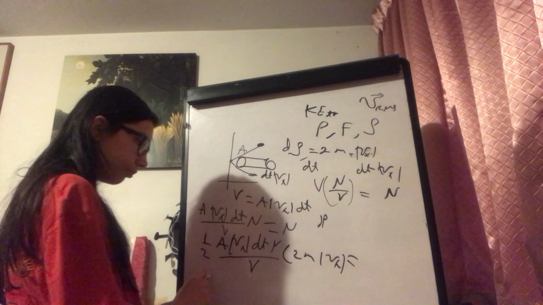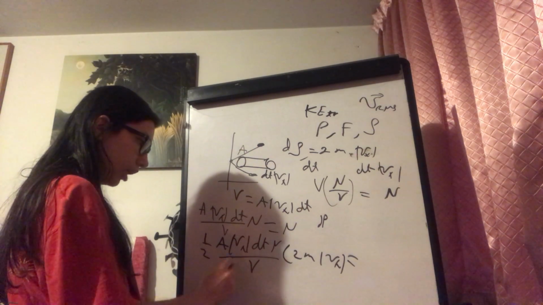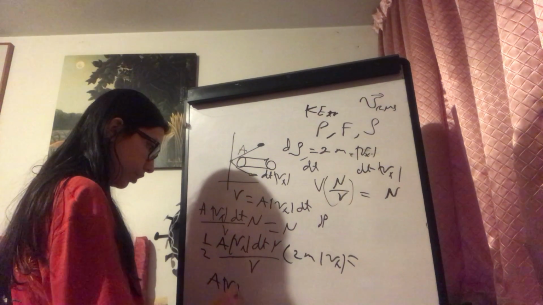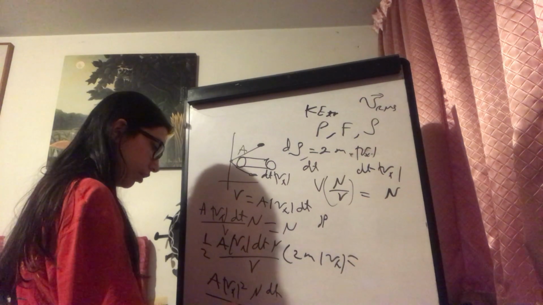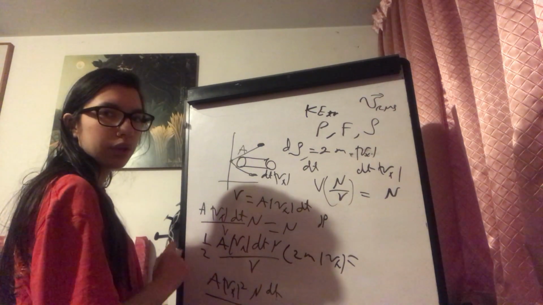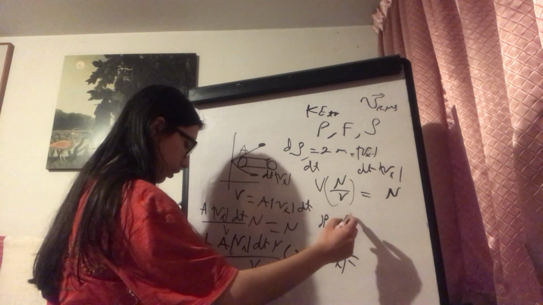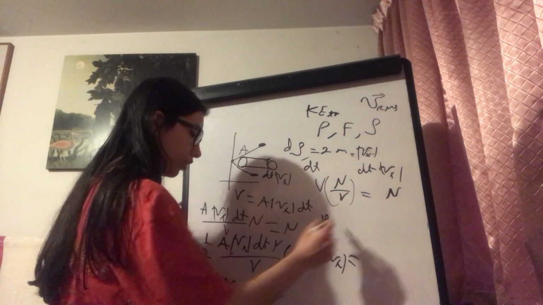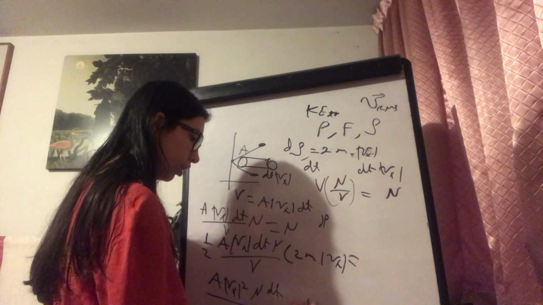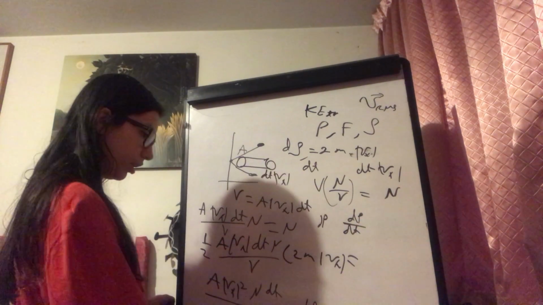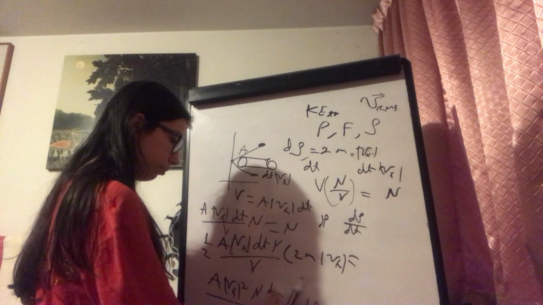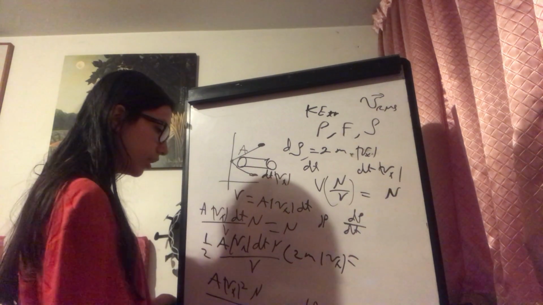So here we have the area times the square of the velocity in x, the number of molecules, dt over the volume. Now this was the change in momentum. Now the change in momentum over change in time, we divide everything by dt. And lastly, this is force.